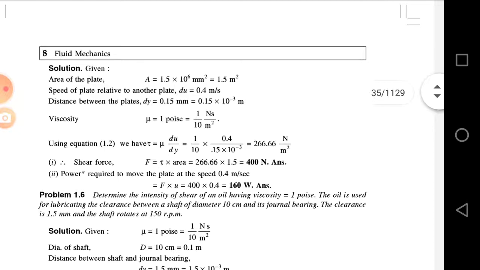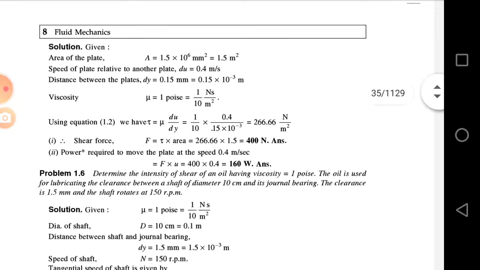Area of the plate 1.5 meter square. Speed du 0.4 meter per second. Distance between the plates dy 0.15 into 10 power minus 3 meter. Mu is 1 poise, 1 by 10th Newton second per meter square.